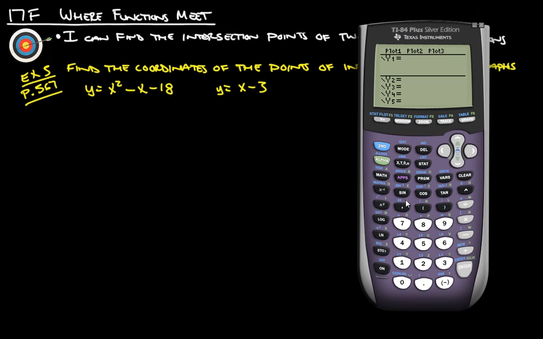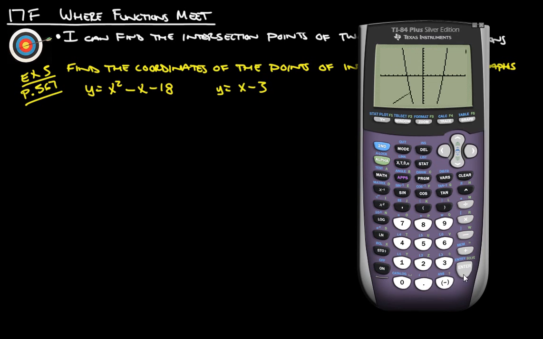All right, so let's see. We've got x squared minus x minus 18 for the first one, and then we've got x minus 3 for the second one. The easiest way to set our window is to try Zoom Standard and see if that gets us a decent enough looking graph.